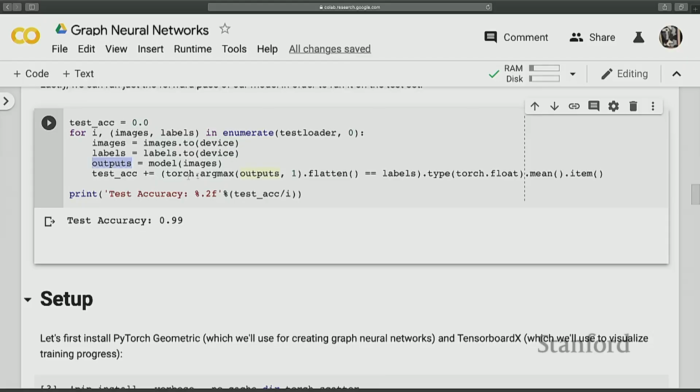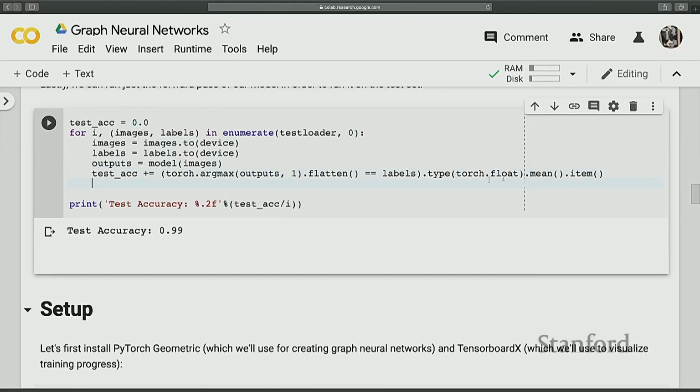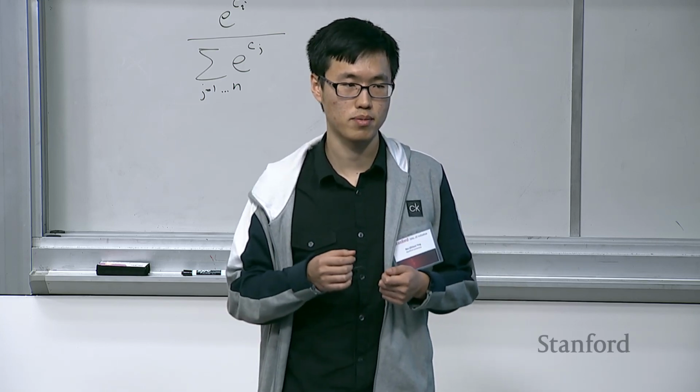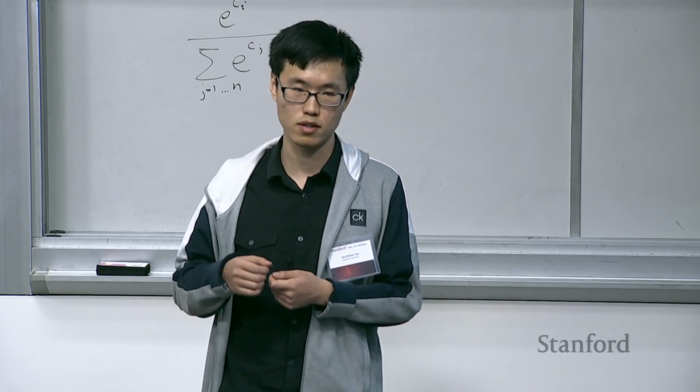Maybe I need to decompose this. This is essentially the model output, and out of all the scores that we computed this way, we want to pick the maximum of these to be our class, right? Say the model predicts 0 with probability 0.5, 1 with probability 0.1, but 2 with probability 0.8.